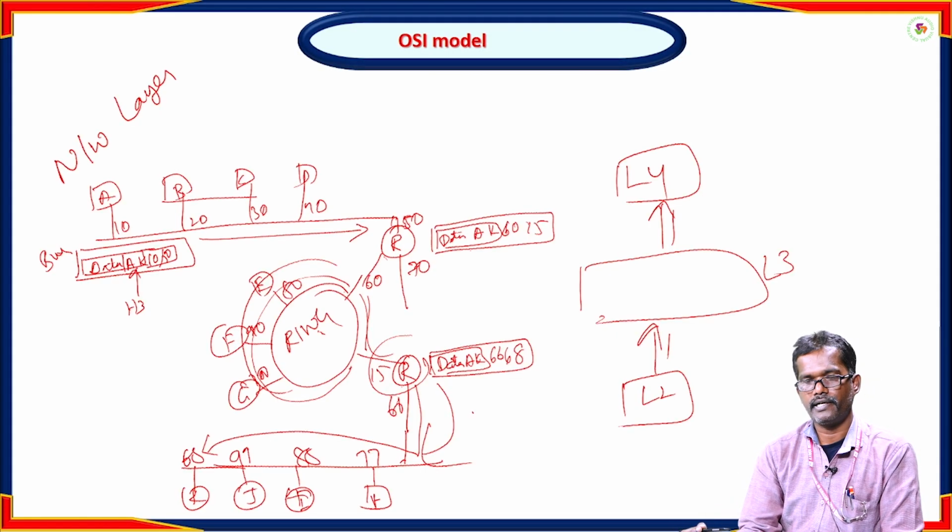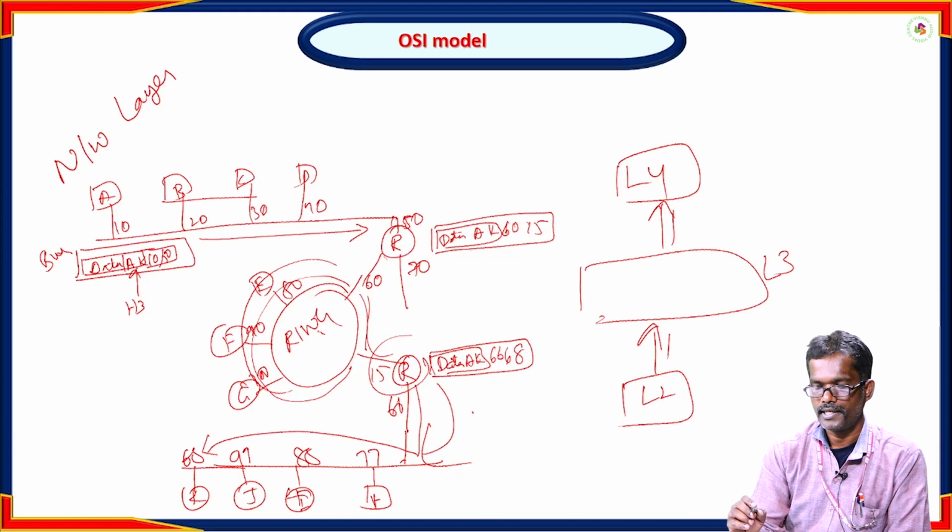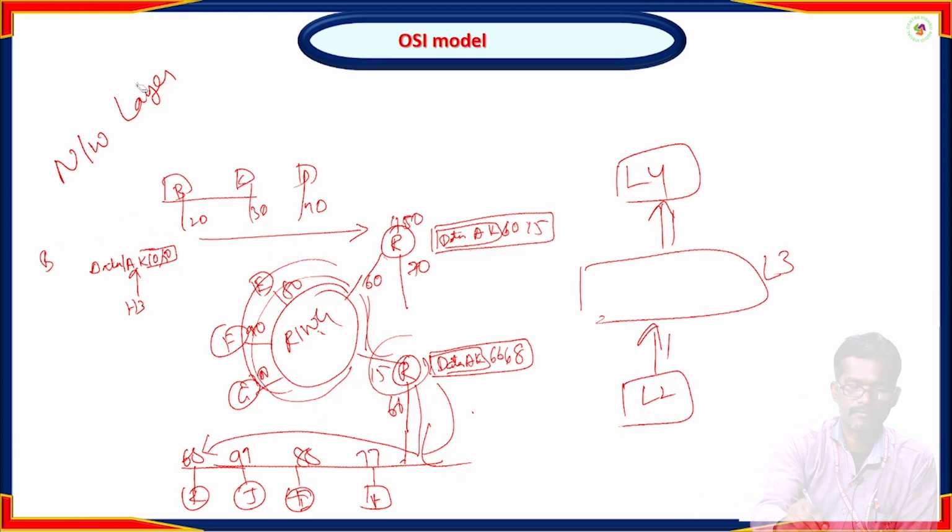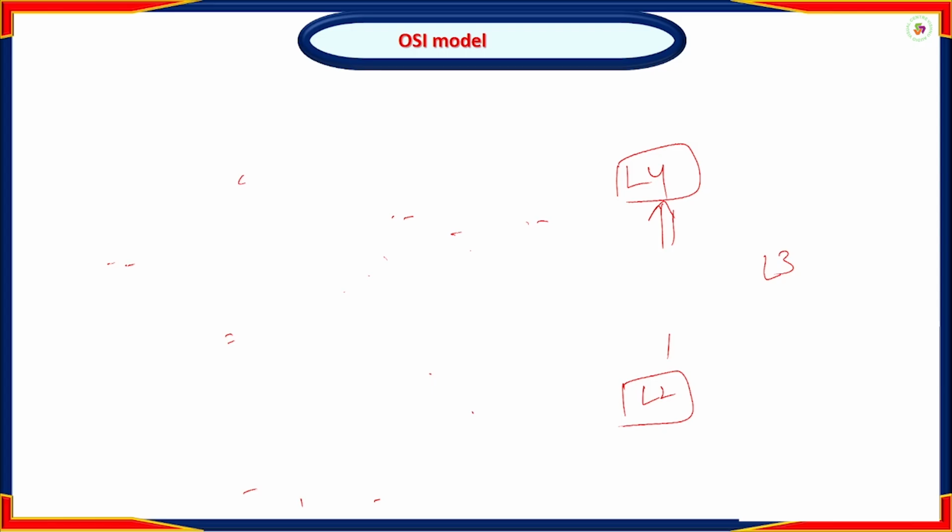And then coming to the next layer, the transport layer. In this transport layer, the data comes from the above layer, the session layer, to the transport layer.